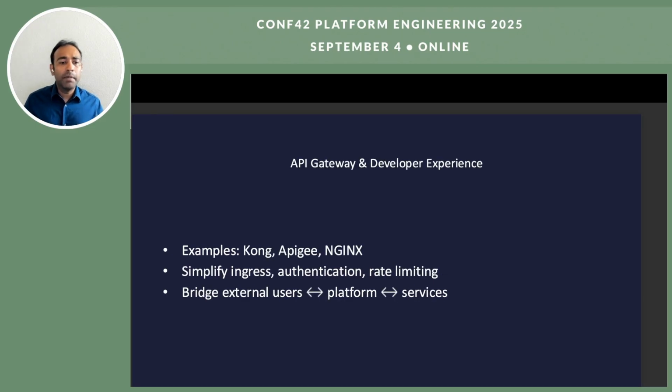And the next thing is the API gateway and developer experience. Examples of API gateways are Nginx, Apigee, and Kong, and there are some open source API gateways as well, which are very user-friendly.